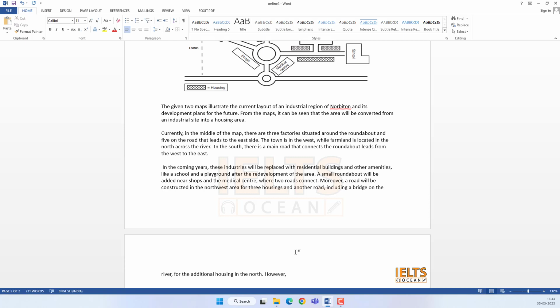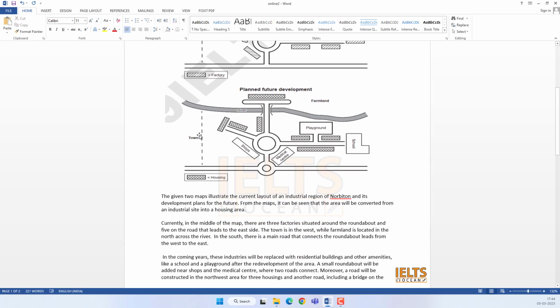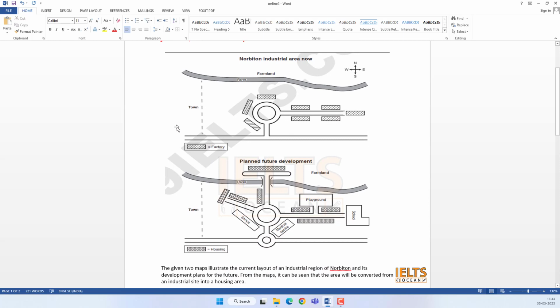However, the town will remain the same in the west. So here you can see there is no change with the town in these two maps.